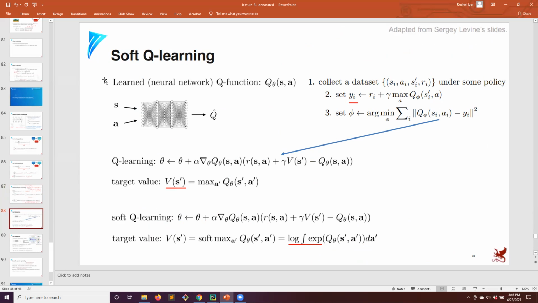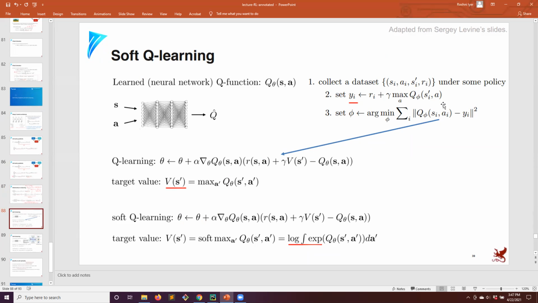There are some interesting things that we observe from soft Q learning as compared to Q learning. First of all, we just denote that here, but let's talk about Q learning first. This is just following gradient descent, where we have theta as the parameters, we have this alpha, and this is that objective function.